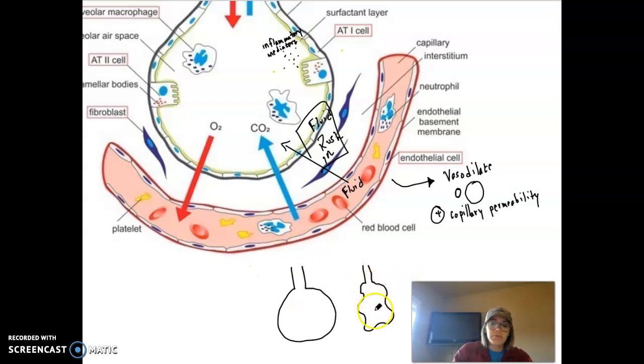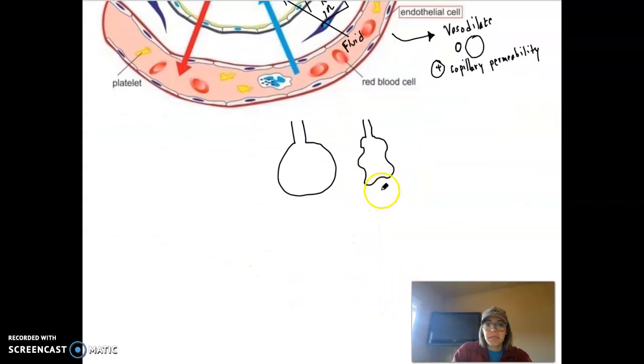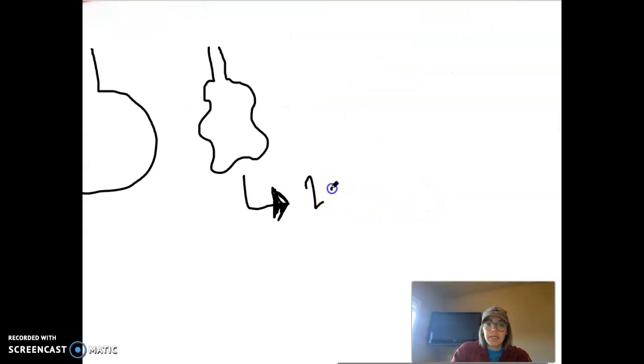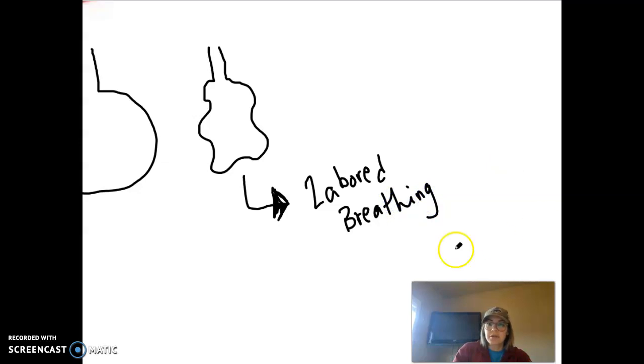And the result of this, having our alveoli in this kind of form as opposed to this one, is going to really result in what we call labored breathing. And that's one of the symptoms of this COVID-19 disease that's caused by SARS-CoV-2. So labored breathing is one thing.